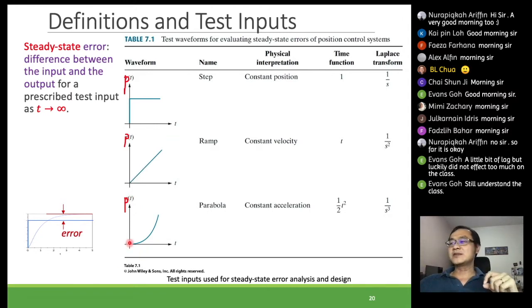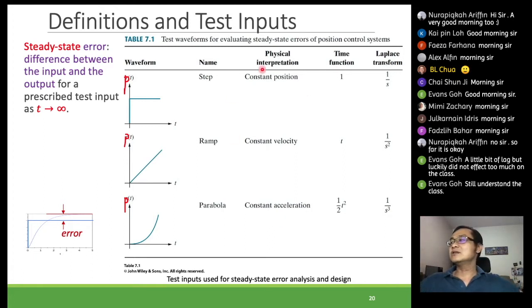Whereas in this interpretation, the position changes, or the distance changes, in an exponential way, and that represents a constant acceleration. That is the physical relationship between the type of input and its behavior.